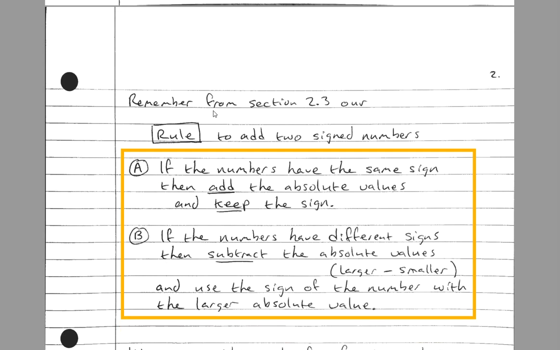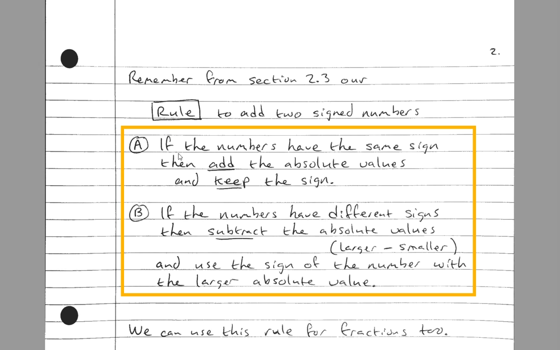Okay, we'd like to be adding and subtracting fractions. Remember from section 2.3, when we were working with whole numbers, here's the rule to add two signed numbers. If the numbers have the same sign, so both positive or both negative, then you add the absolute values and keep the sign.